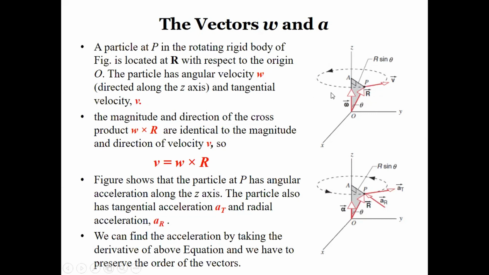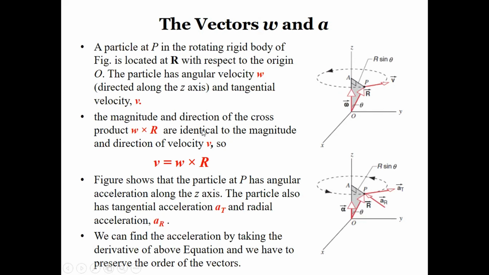So the particle has an angular velocity omega, which is shown here as a red colored vector, and the tangential velocity is v, which is shown here. So the magnitude and the direction of the cross product omega into r.